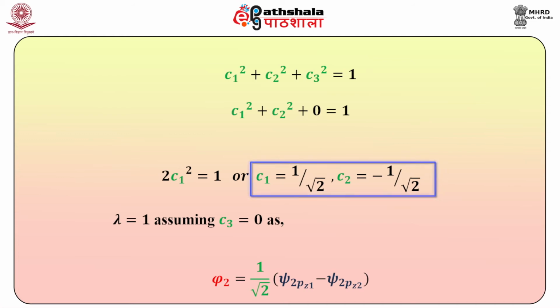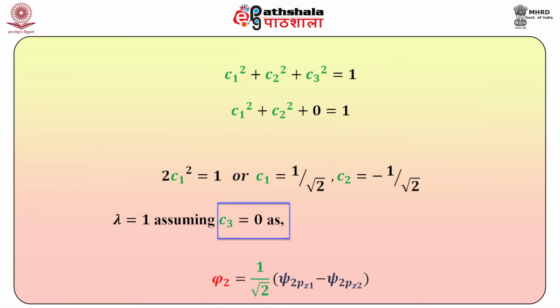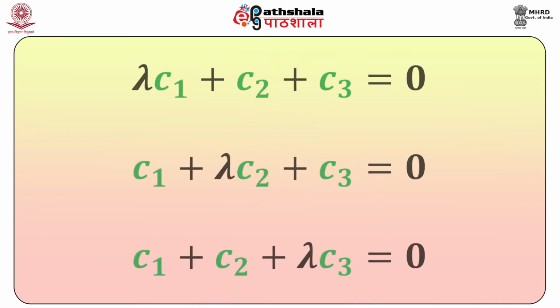And therefore, the wave function for this molecular orbital becomes psi2 is equal to 1 upon under root 2 times psi2pz1 minus psi2pz2. Please note here that we are assuming C3 to be equal to 0, as you must have noticed in our calculations. And now we will determine the molecular orbital for lambda is equal to 1.